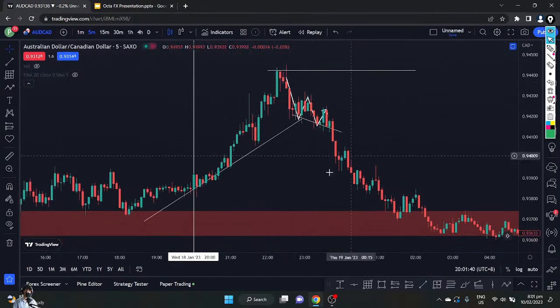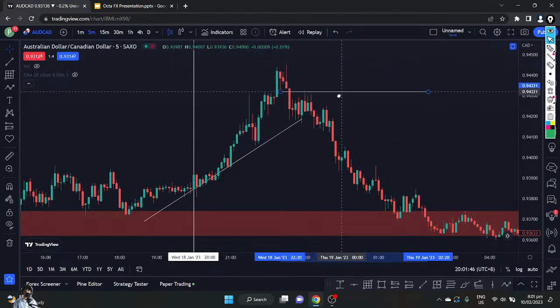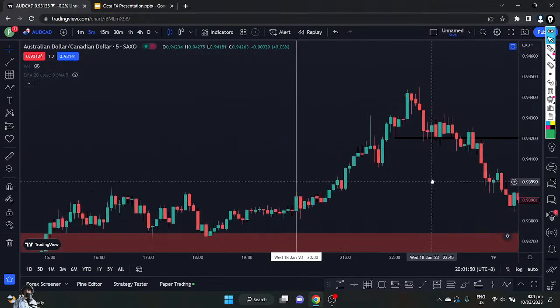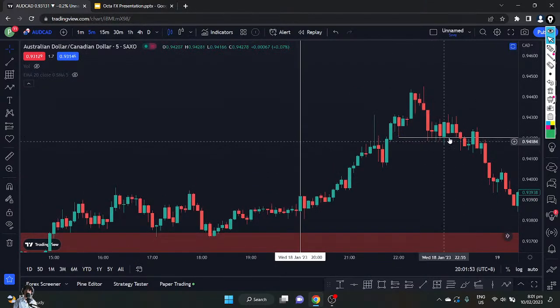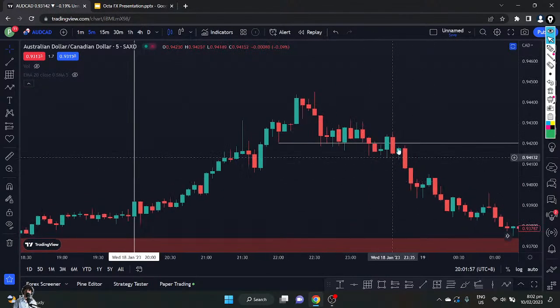If you want to ride this move, you may want to look for a selling opportunity. If you are a breakout trader, you may want to sell the breakout with this horizontal level. But if you are a pullback trader, then you may look for a retest from this low.